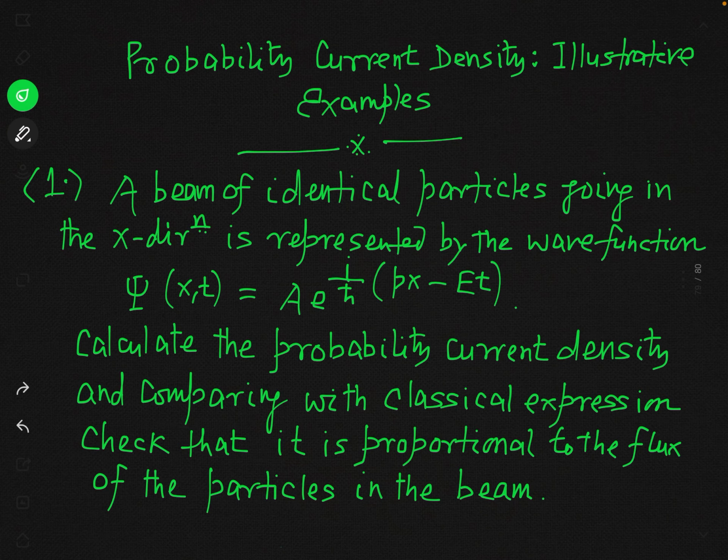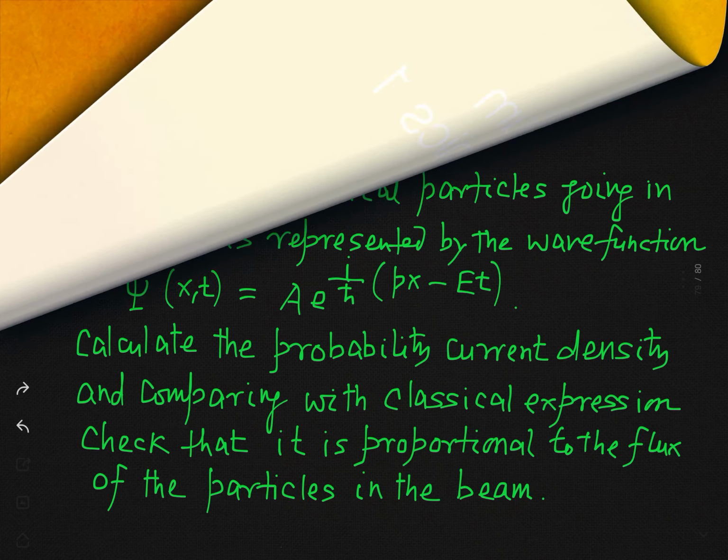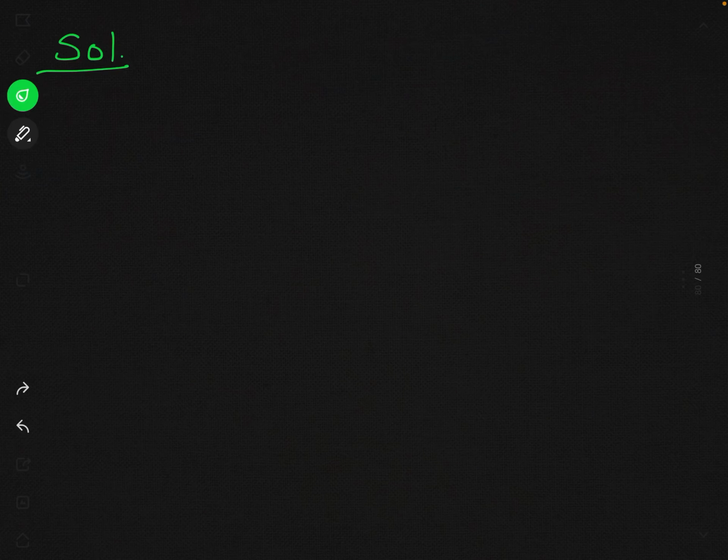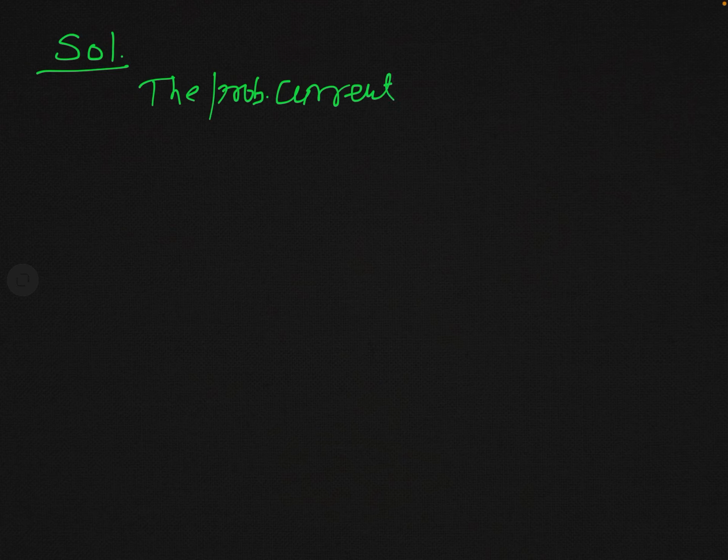So let us first of all find the probability current density when this wave function is given. You can see that the wave function is given in one dimension, so we will use the result for the probability current density in one dimension.